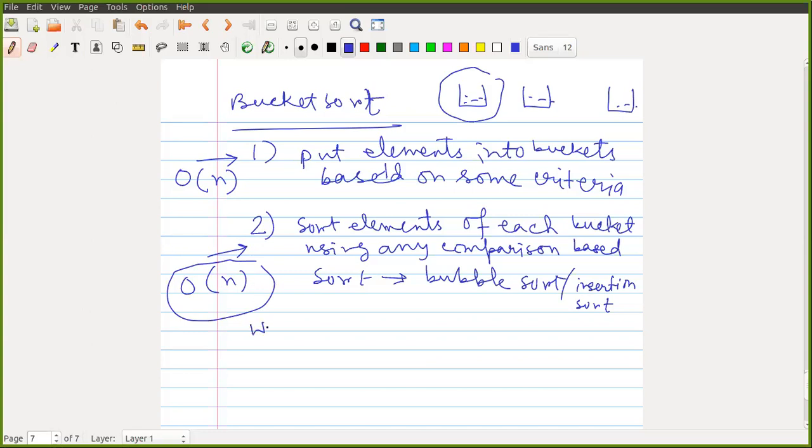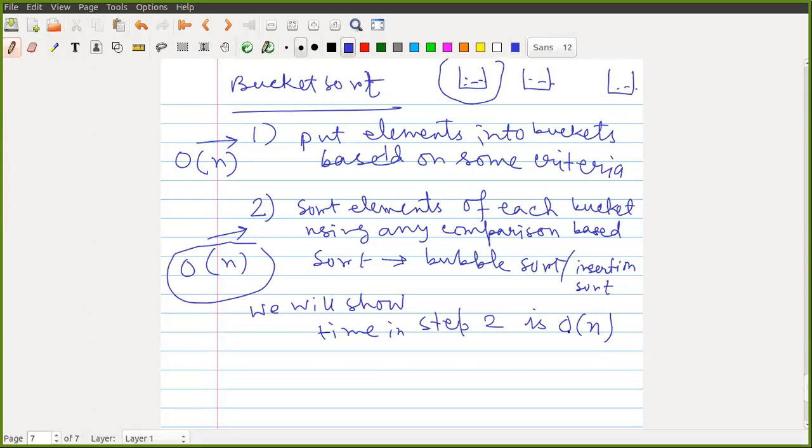We'll show that the time in step 2 is order n. Do you all agree that if we can somehow prove that the expected time taken in step 2 is order n, then the total running time of bucket sort would be order n? Do you all agree to this?